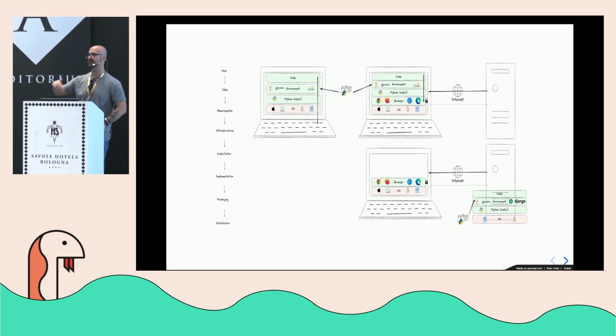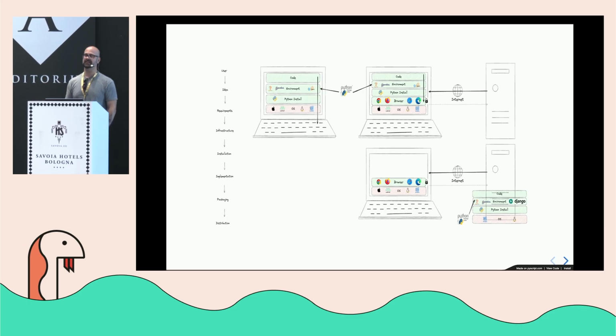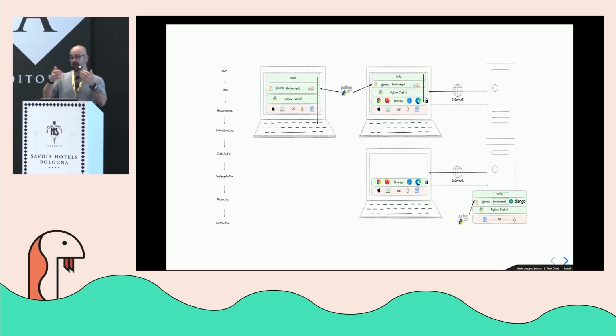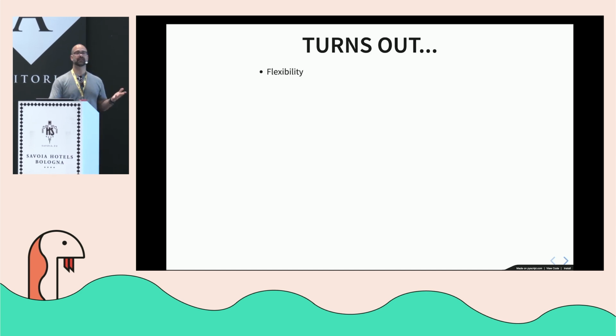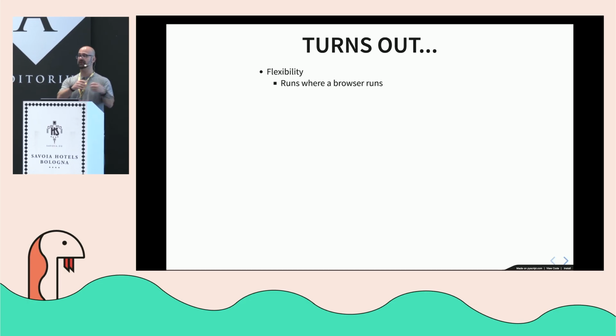If you have CVEs around, especially in OpenSSL and other packages that are known for security flaws, well, those don't impact your underlying system. They stay in the browser, which is pretty cool. And we'll go over other side effects as well. It turns out there's a lot of flexibility in running Python in the browser. It runs everywhere the browser runs, so you don't have to think about how to package your thing for Windows or Linux or an IoT device or anything.